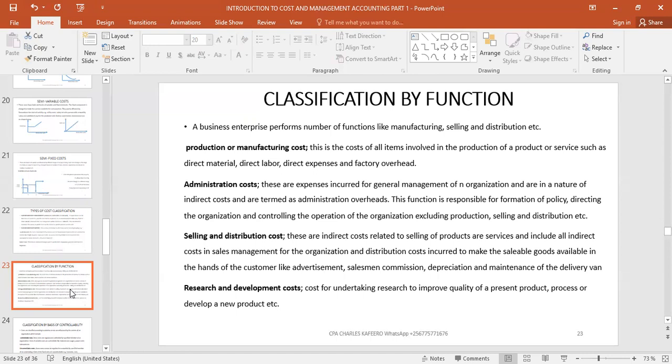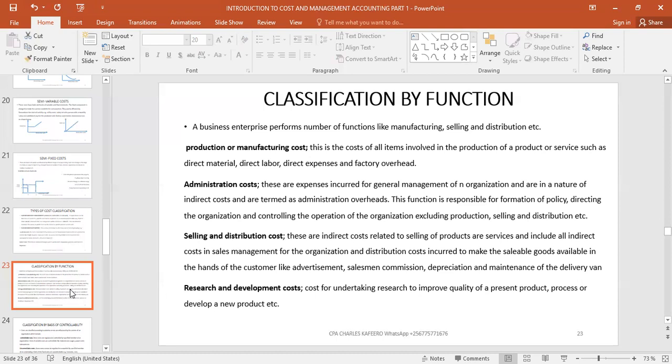If they are in production, we put them into production. And these costs include production or manufacturing costs. This is the cost of all items involved in the production of a product or a service, such as direct material, direct labor, direct expenses, and other factory overheads, so long as they have been engaged in the production process.